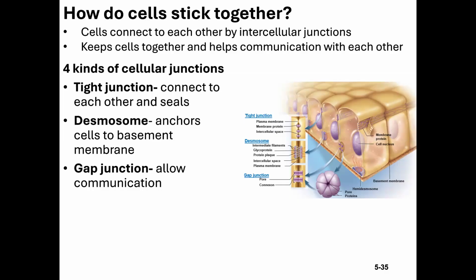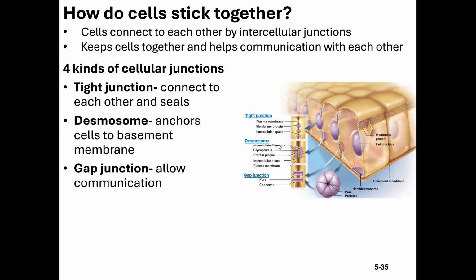And under the epidermis is the dermis, right? So the separation between the dermis and the epidermis is the basement membrane. It's like the base. And what anchors the cells to the basement membrane is desmosomes. That's a peculiar type of cell junction.